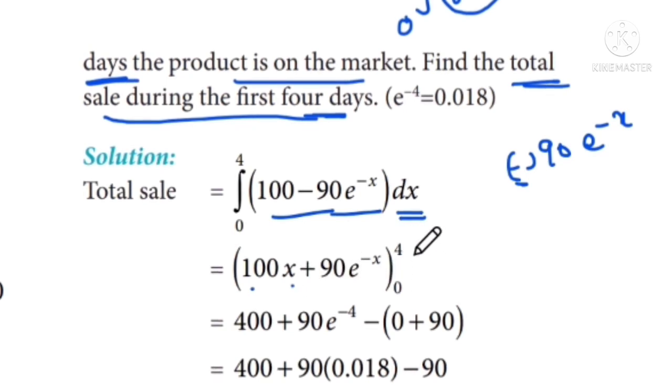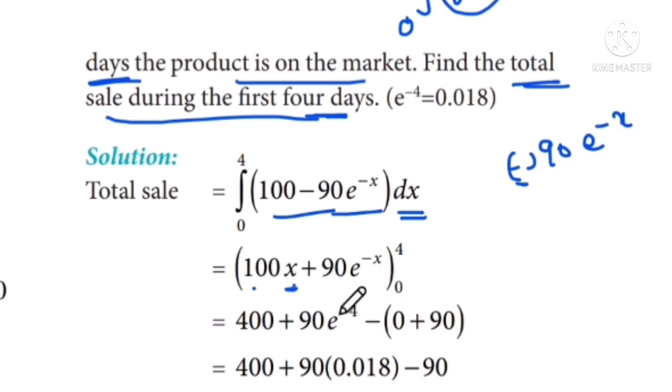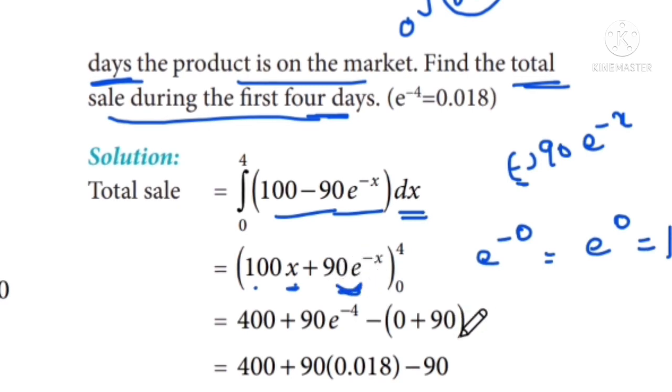The limit is from 0 to 4. Apply the upper limit: 100 into 4 plus 90 e power, wherever you have x, put minus 4. Minus, put the lower limit now, x is 0: 90 e power 0. E power 0 is equal to 1. So 90 into 1 will give you 90. So the upper limit minus lower limit.